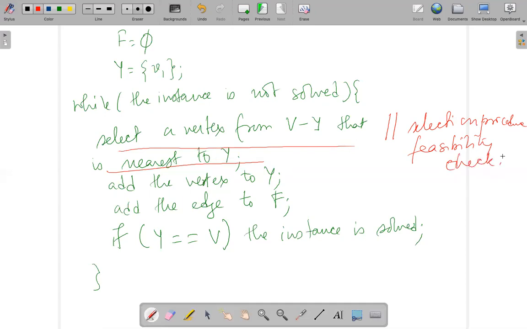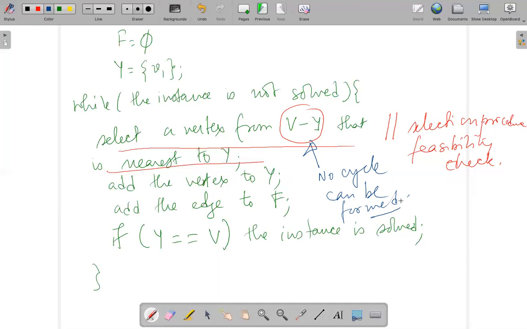How? Because since you are always choosing the candidate vertex from V minus Y, this ensures that no cycle can be formed, because whatever is there in Y is not being considered when you select a new vertex.